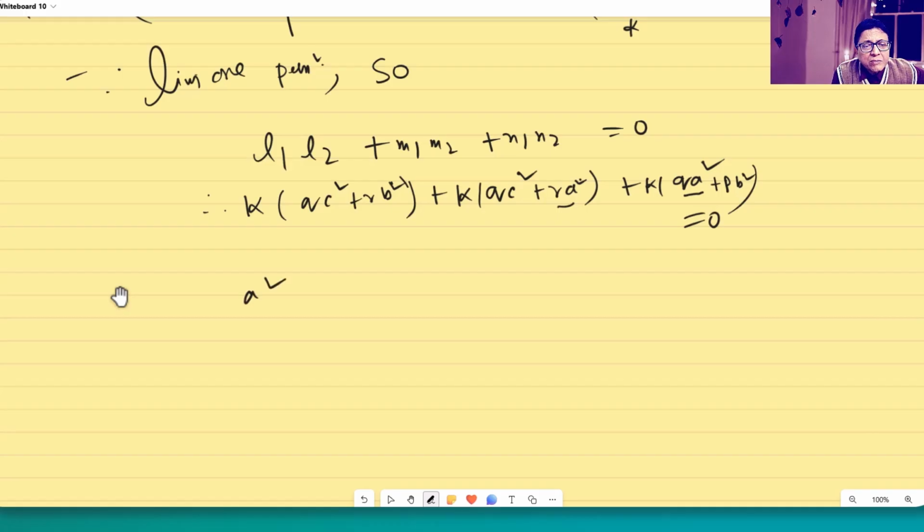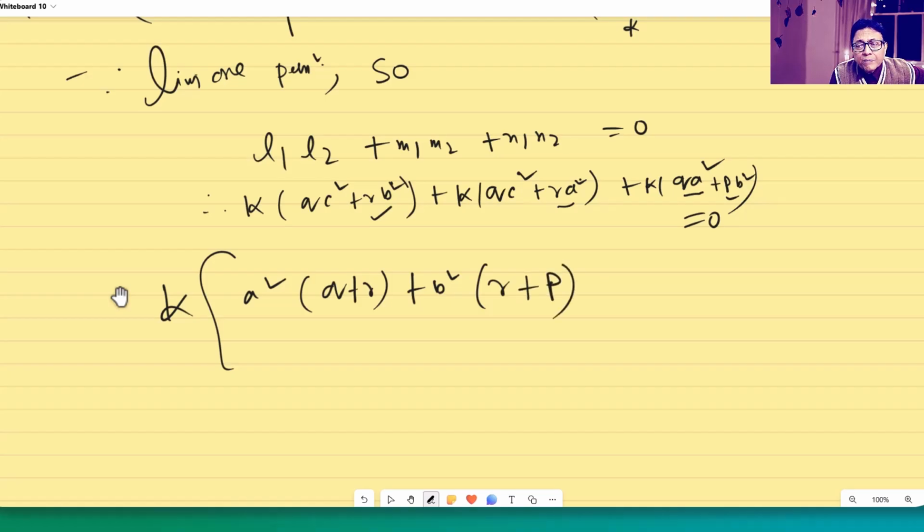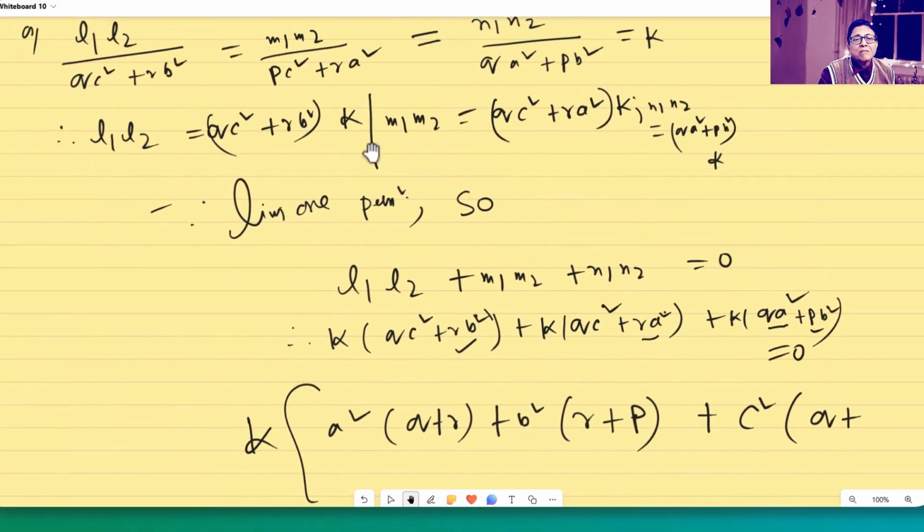K common, A square (Q plus R), B square here (R plus P), and this will be P here, PC square, not Q. So you got the relation.